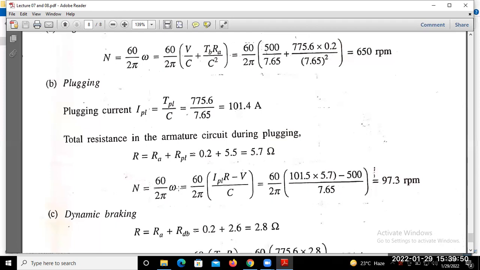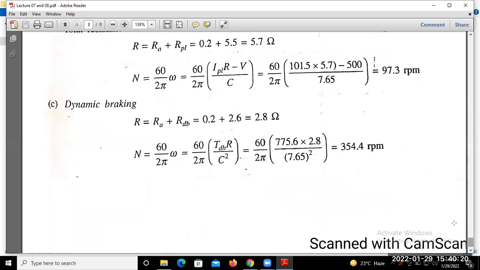If you put the plugging braking current, that means 101.4, into the total resistance 5.7, with the supply voltage equal to 500 volt, and simplify this equation, then you find the speed in RPM.